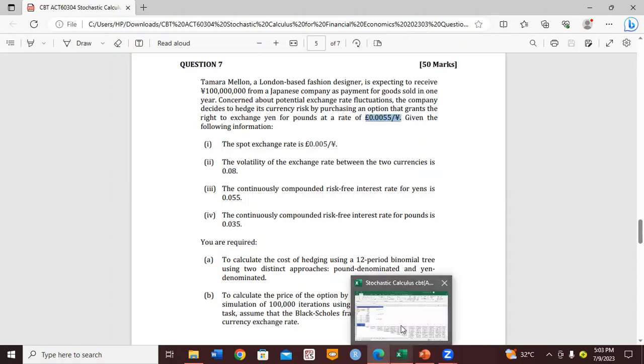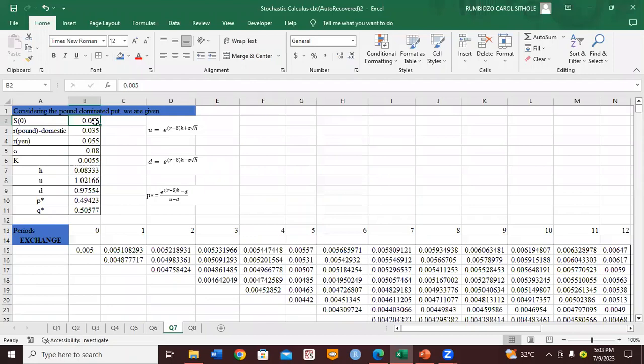So I will come back here. Like I said before, it's easier to write down all the information that you're given. It makes it easy for you to calculate everything that we need. So firstly, I put down all the information that they gave us. We're told that the spot price is this one per yen, and the strike price is 0.055 pounds per yen. And our risk-free rate for the pound is this one.